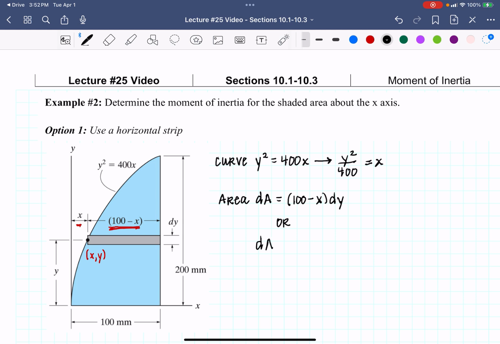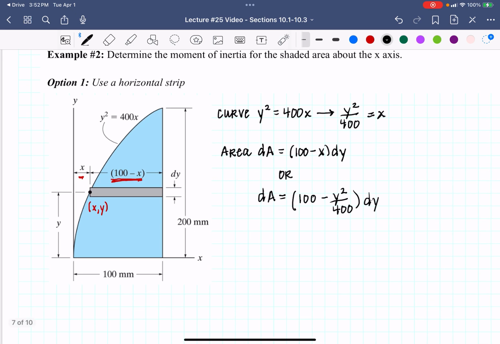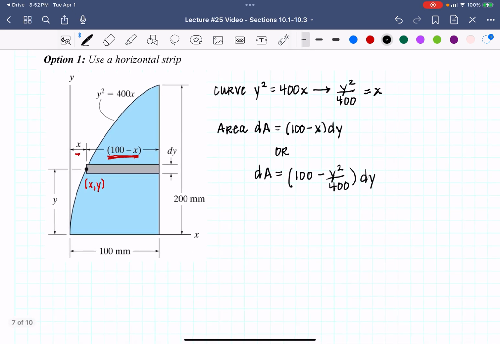I'm going to substitute in what I know, because I'm using dy, I'm going to want x in terms of y. I'm going to substitute in the 100, I'm going to substitute in for x, that x is y squared over 400, dy. So I know I'm going to need to have it in terms of y. All right, so let's find our I about the x-axis.